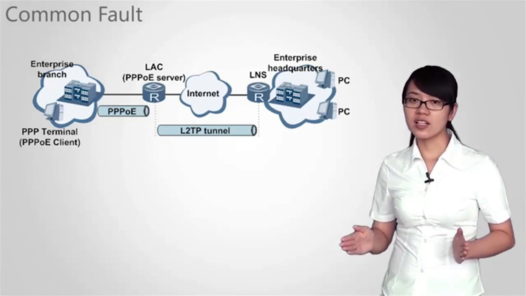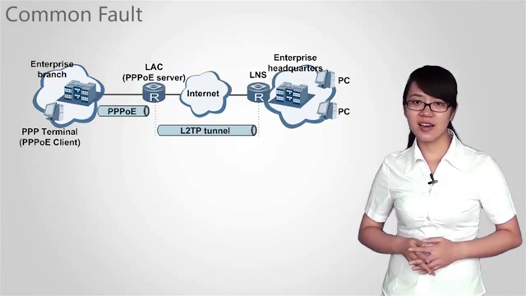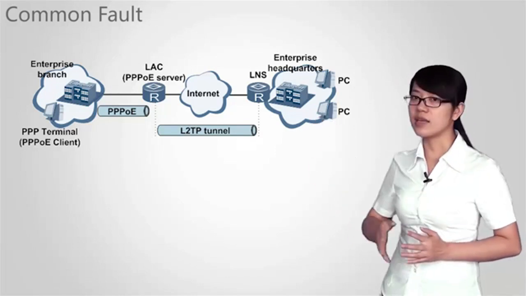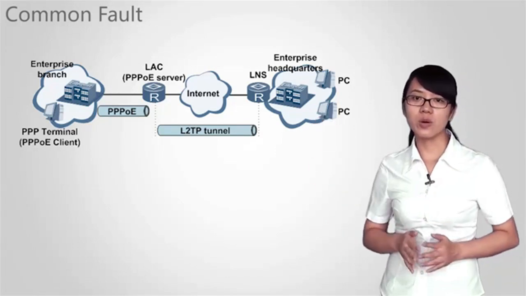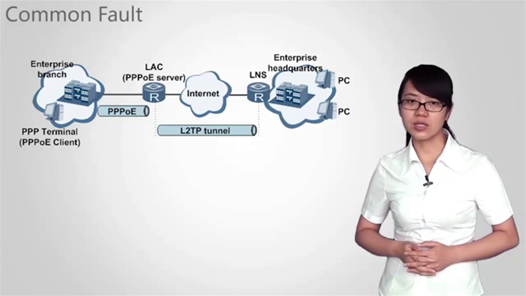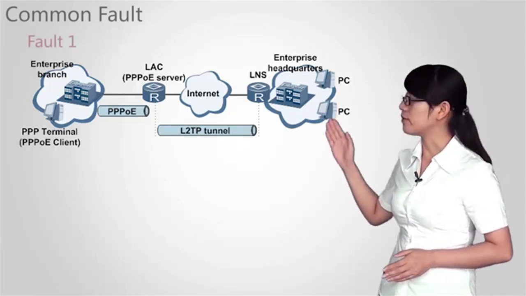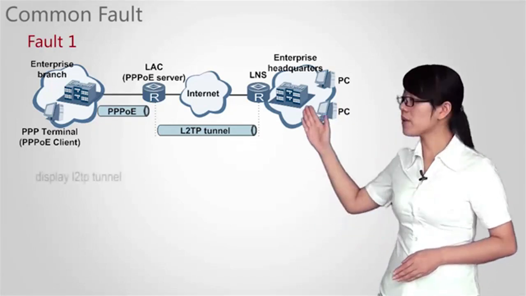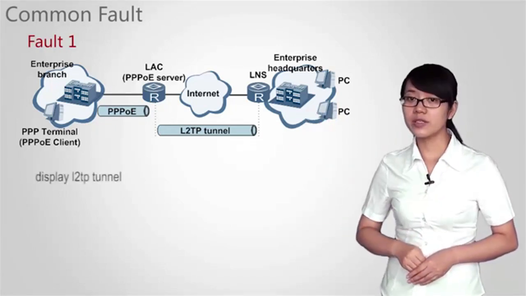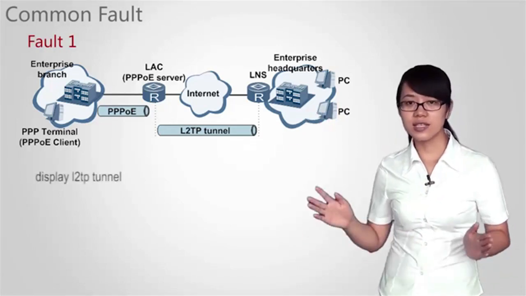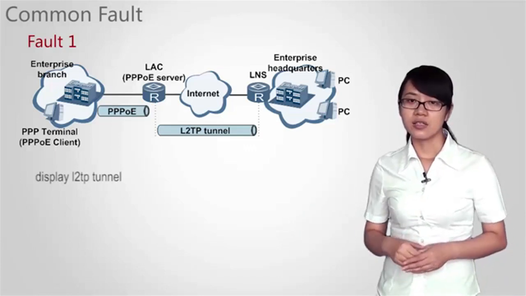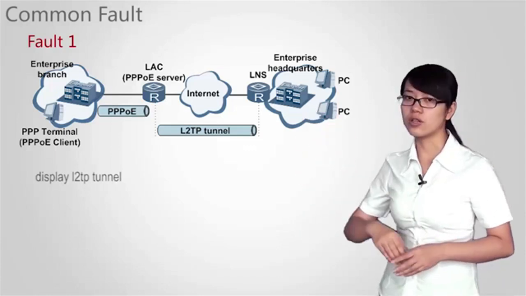The branch functions as a PPPoE client and the LAC as a PPPoE server to enable remote users to access the headquarters. Fault 1. Run this command to check the L2TP tunnel status. The tunnel has not been established. The possible causes are as follows.